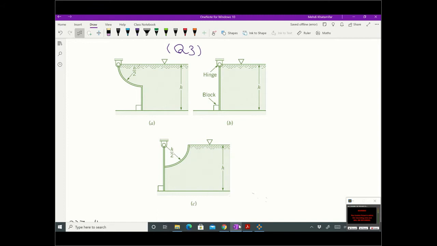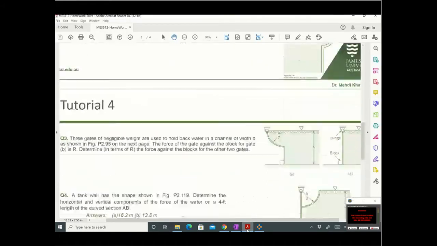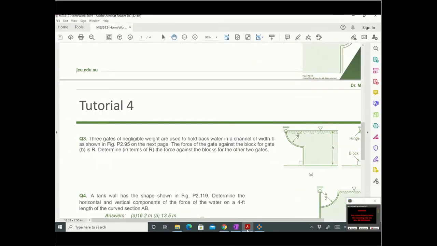Now, the question forgets to tell you what we are looking for. Find R. So determine in terms of R the force against the blocks for the other two gates.